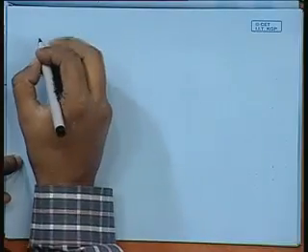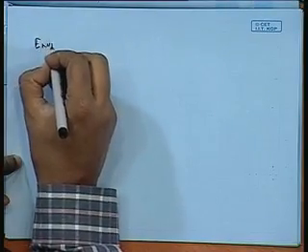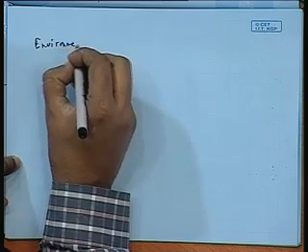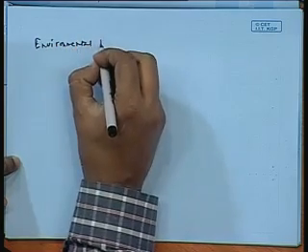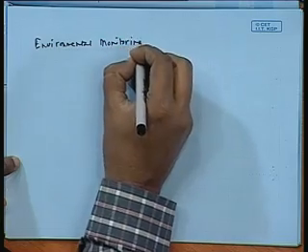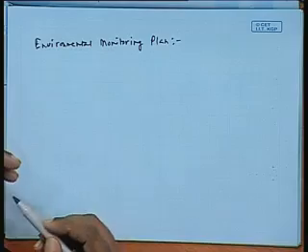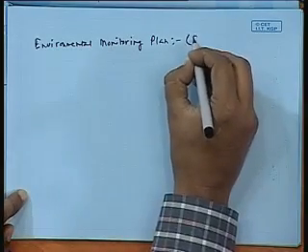Having done the EIA, the next thing the company would do is the environmental monitoring plan, which we know as EMP.